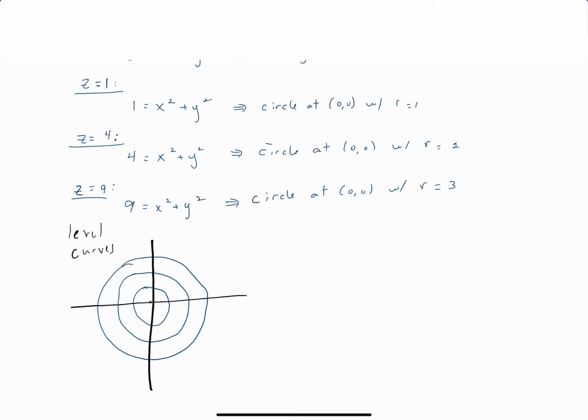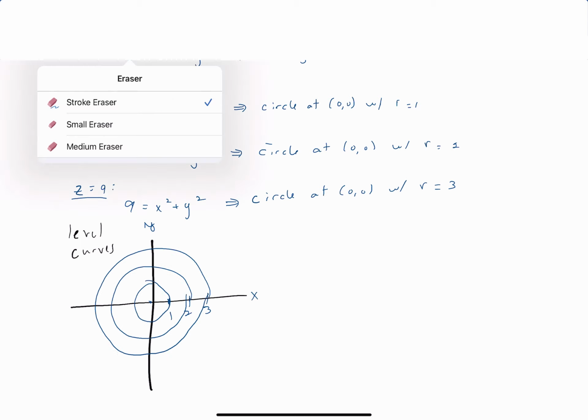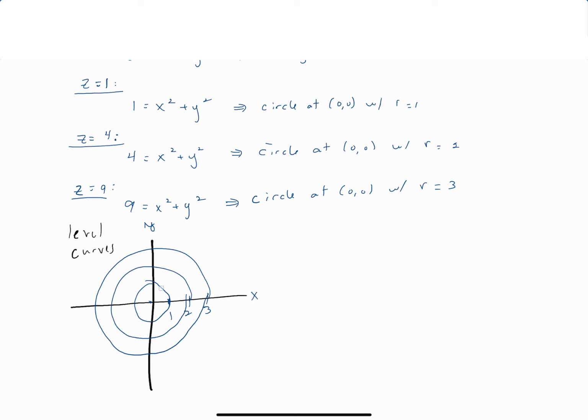And we can put in their coordinates. So that's x, that's y, this is 3, this is 2, that's 1. And if we want, we can also put in labels to indicate which of these contour lines is at which height. So we can put in z equals 1, z equals 4, and z equals 9.